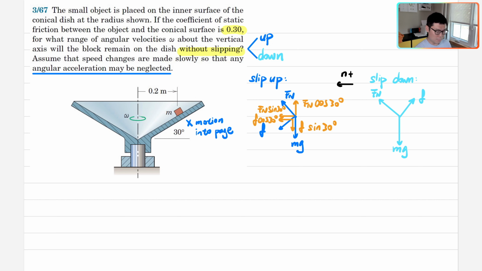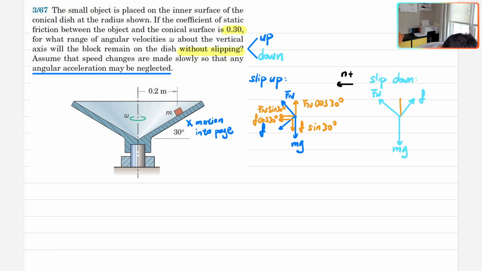Okay, still, my n positive direction is pointing towards the axis, right? So I need to break Fn and friction F into the n direction and the vertical direction. We can call it the y direction. Okay, we'll do this again.